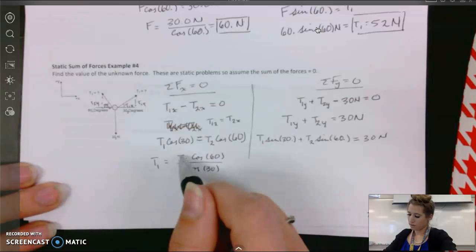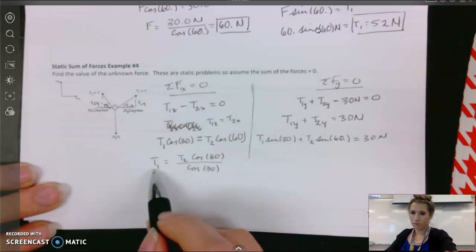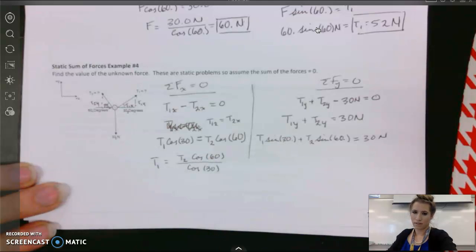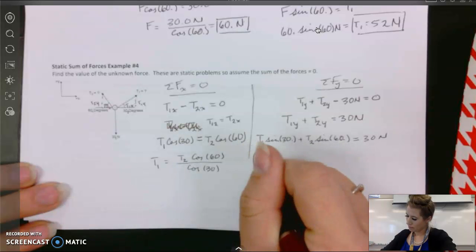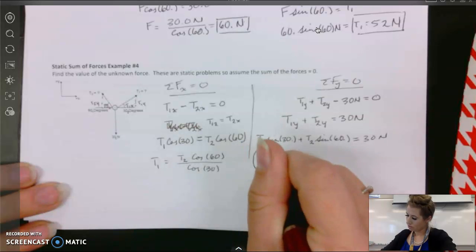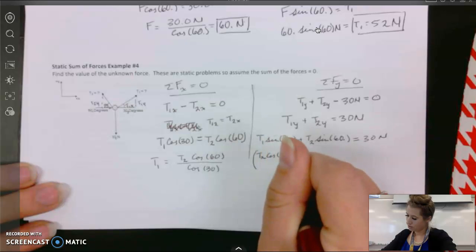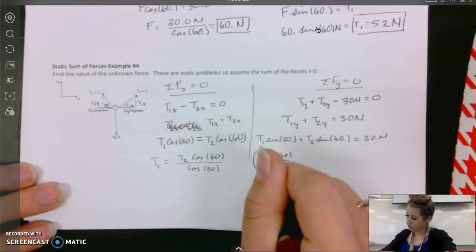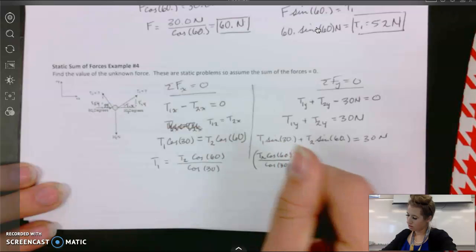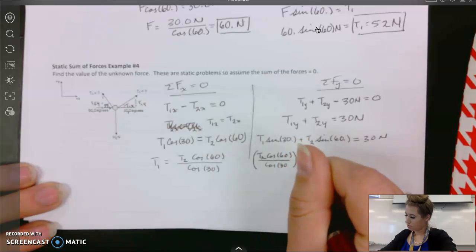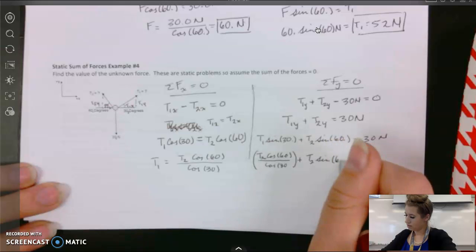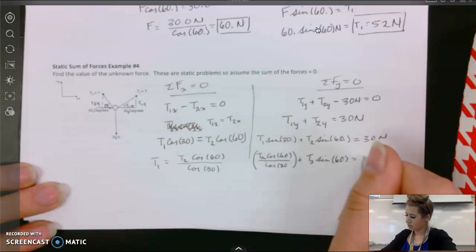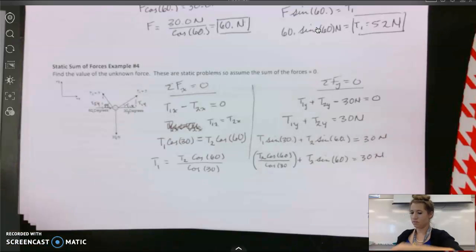Okay? So that all equals T1 and I'm going to plug that in right there. So I'm going to say T2 cosine 60 divided by cosine 30 plus T2 sine 60 is equal to 30 newtons.